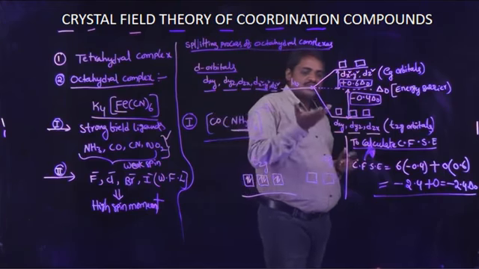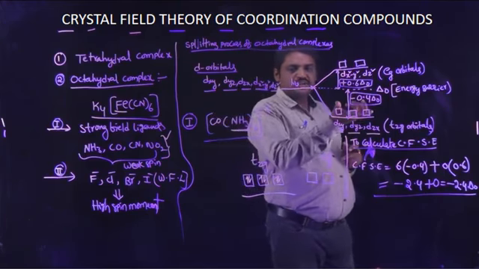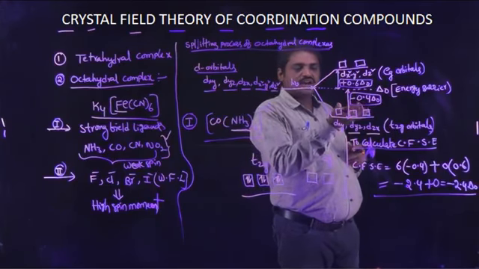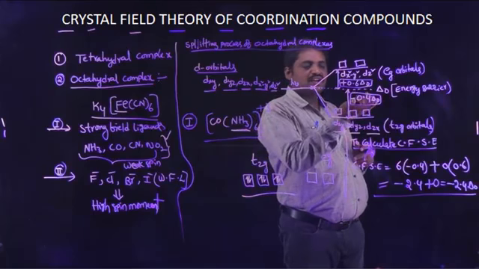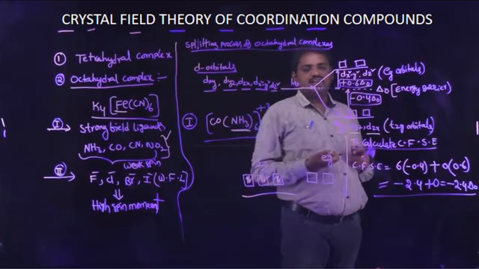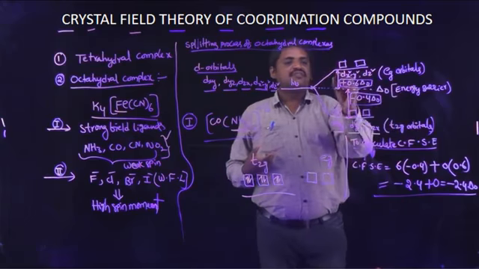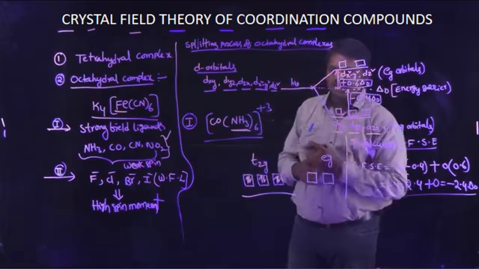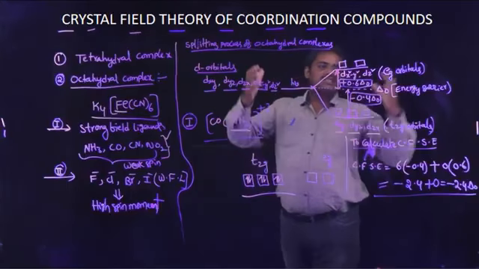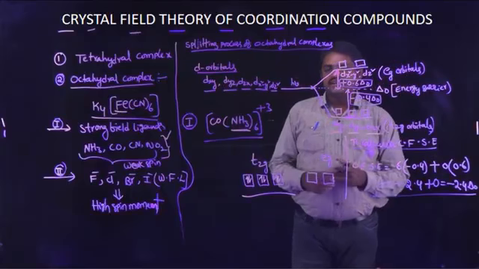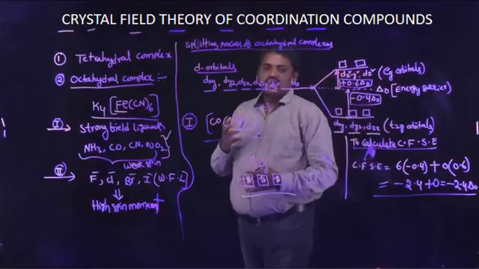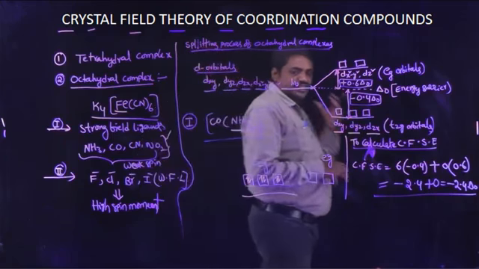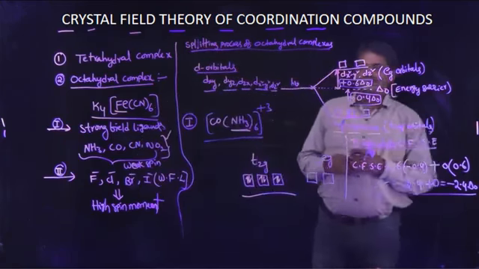Okay, students, in the ground state degenerate orbitals, each electron has energy minus 0.4 delta naught, and in the excited state level, each electron has energy plus 0.6 delta naught. This is the splitting process of the octahedral complex. Now our aim is to calculate the crystal field stabilization energy for the given coordination compound.